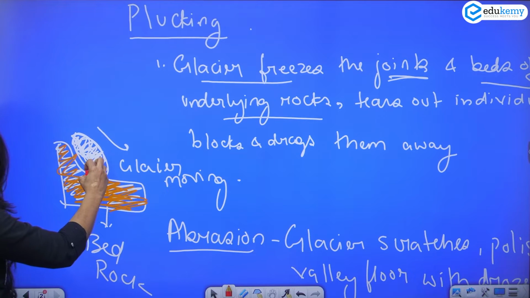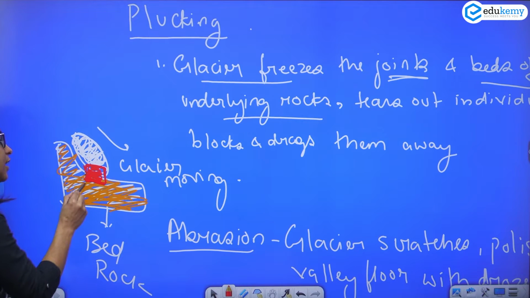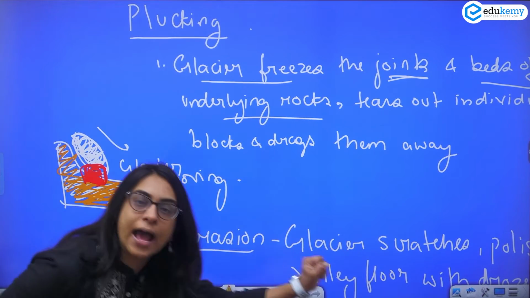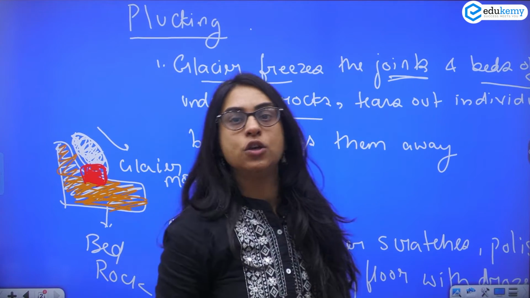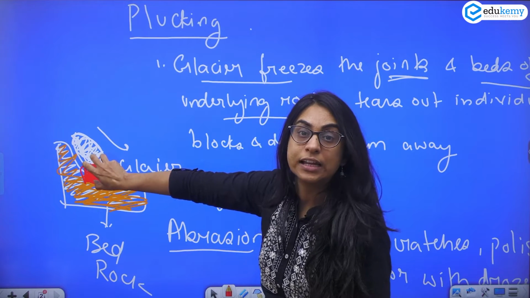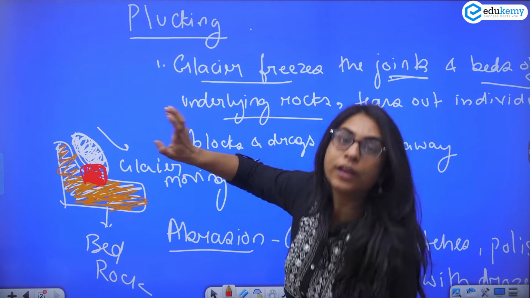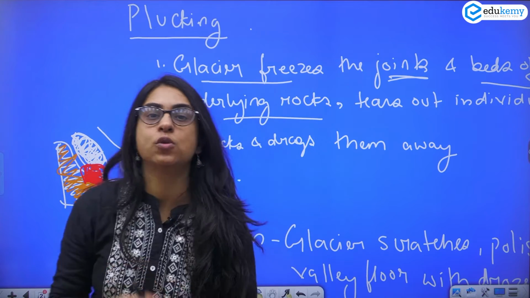It has frozen, and as the glacier moves, it will tear out this red colored piece, which involves some bedrock also, and drags it along with the movement. So here the glacier is jointing, freezing the bedrock, and moving. This is what is called plucking.